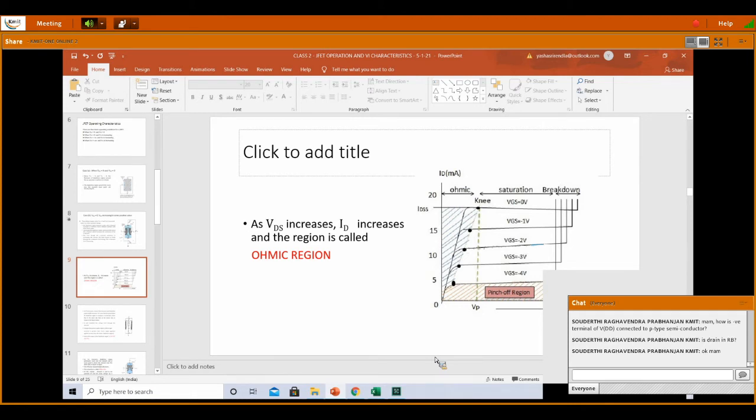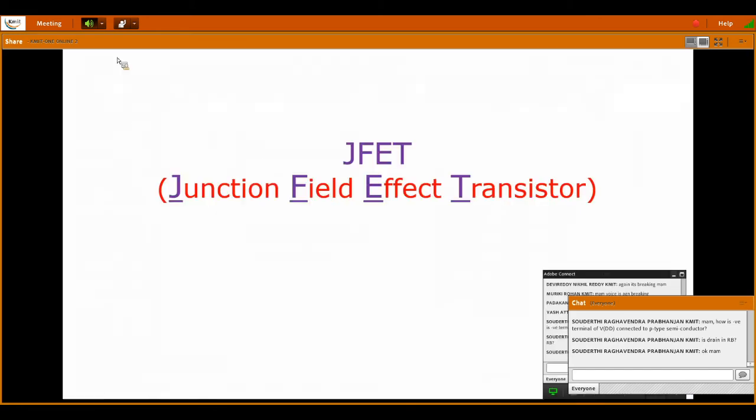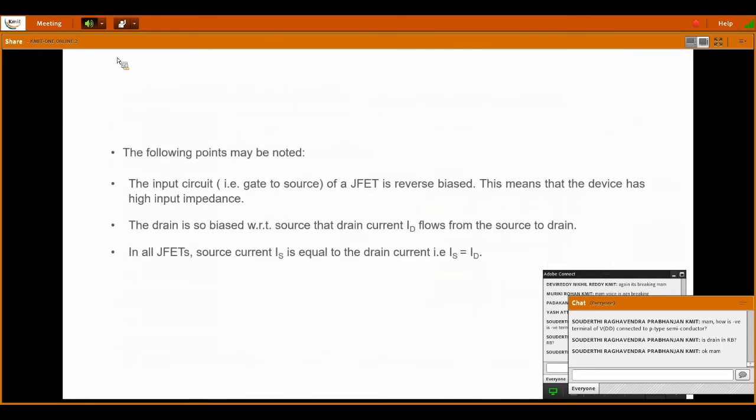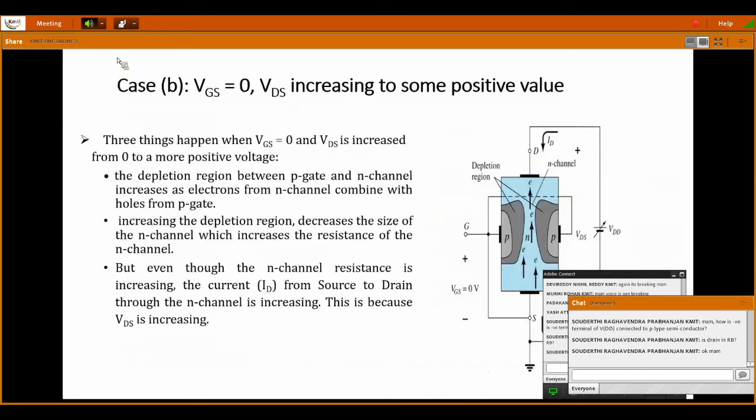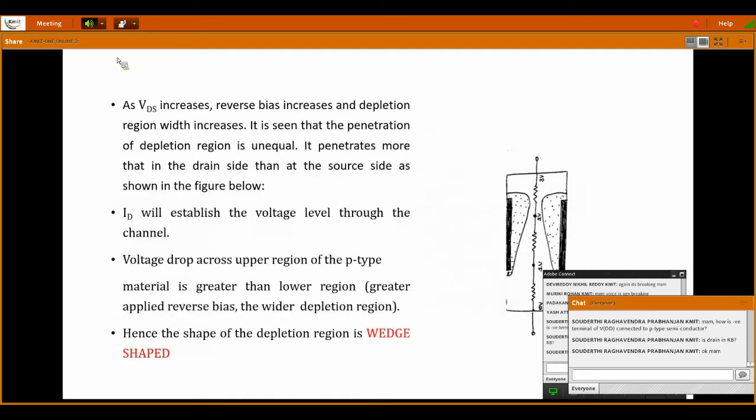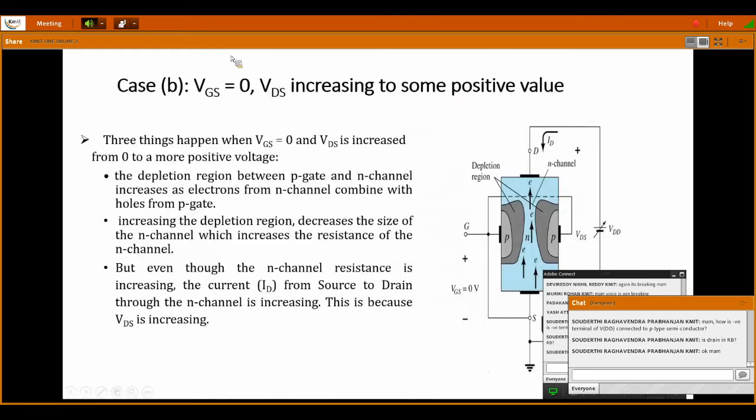Now we will move to the next case and understand the saturation and breakdown regions.